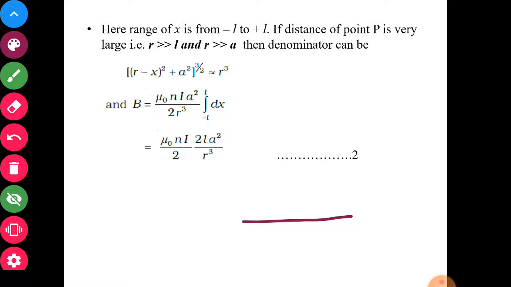Here this part will result into only r cube, and that r cube is taken out of the integration, you can see.